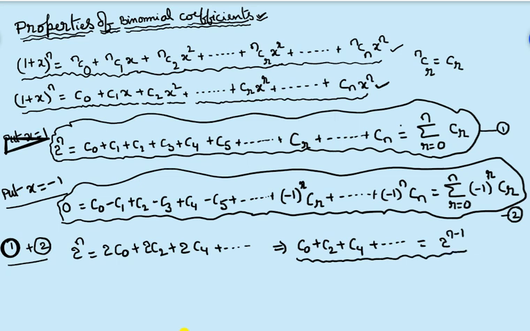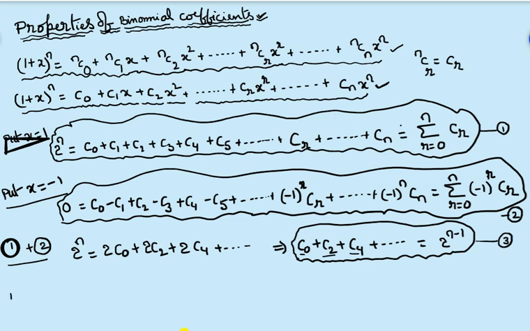That means the sum of the binomial coefficients occupying odd places, where C0 is the first term coefficient, C2 is the third term coefficient, C4 is the fifth term coefficient, C0 + C2 + C4 + and so on = 2^(n-1).